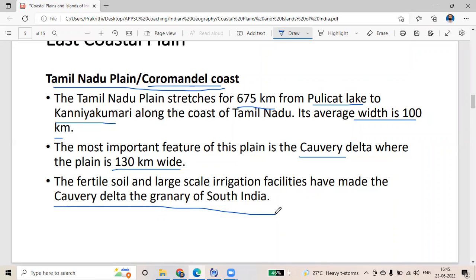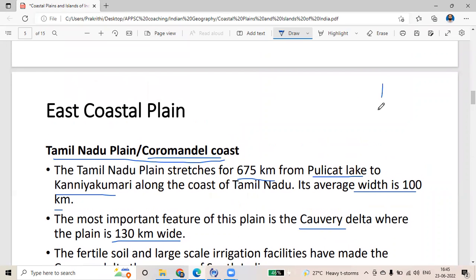And the main thing is when we consider the climate here, as this is a coastal plain, and on one side there are the Eastern Ghats. So this is the area which is much prone to cyclones. In the Bay of Bengal, when there is a cyclone, it is mostly affecting this eastern coastal plain region.